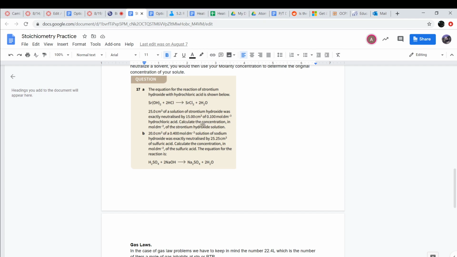It gives us a balanced equation, and it tells us that 25 centimeters cubed of a solution of strontium hydroxide is neutralized by 15 centimeters cubed of 0.1 mole per decimeter cubed hydrochloric acid. It's wanting us to calculate the concentration of the strontium hydroxide solution.